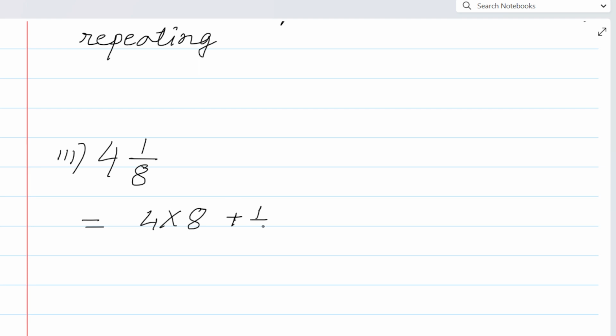Here I have 1, so I have taken 1, and then you put the divide sign by whatever you have in the denominator, 8. 4 eights are 32 plus 1, 33 by 8. If you divide this again, see what you get.